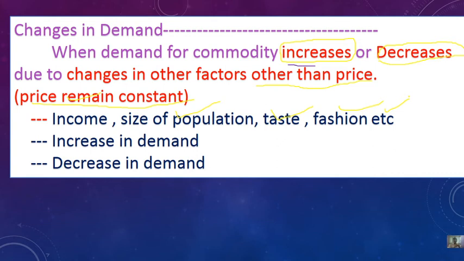In variation there is change in price, other things remain constant, but in changes in demand there are changes in other factors and price remains constant. Income, size of population, taste, fashion are all determinants of demand.